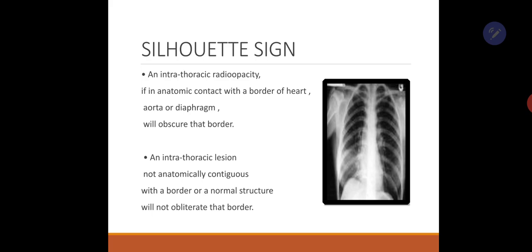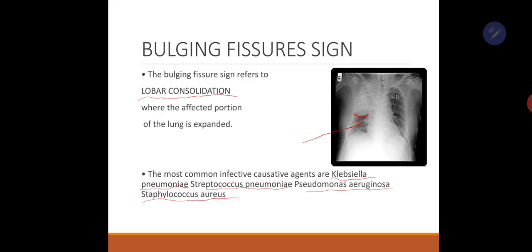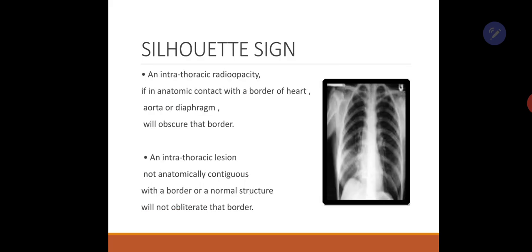Just like air bronchogram sign is seen in a lot of conditions, bulging fissure sign can be seen in a lot of infective pathology. So there are some abnormalities which show common features. So just to narrow down or cut down on the different differentials, Silhouette sign may be important.